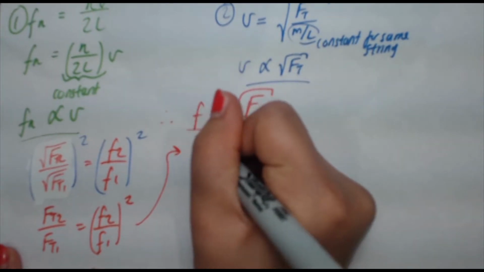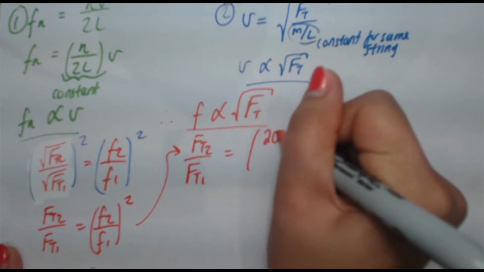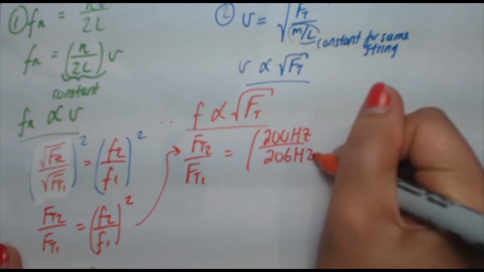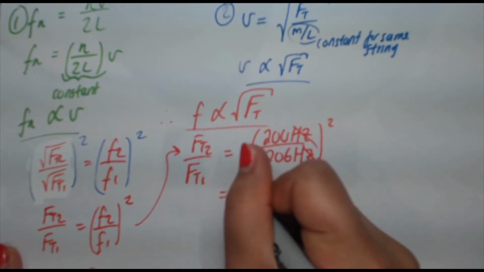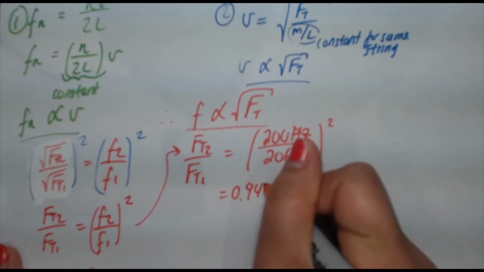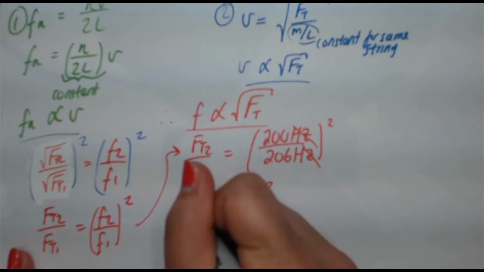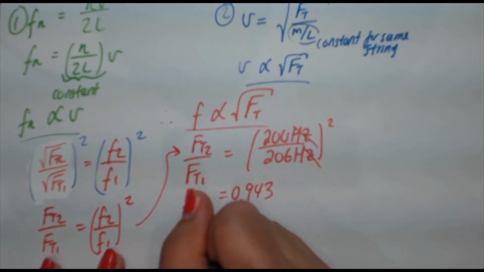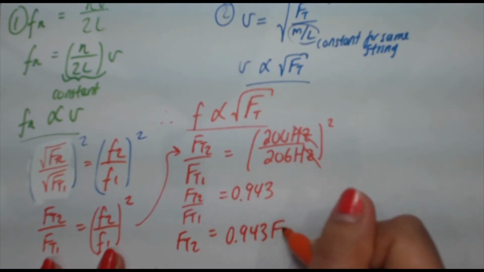Then we get Ft2 over Ft1, plug in your frequencies, 200 Hertz over 206 Hertz, squared. Your units cancel, and you're left with 0.943, and that's after you square it. So Ft2 over Ft1 is equal to 0.943, or written another way, Ft2 is equal to 0.943 Ft1.